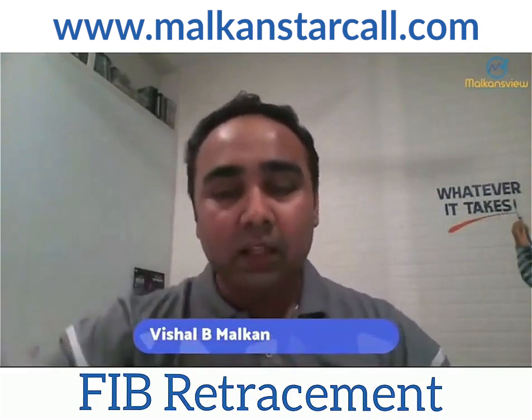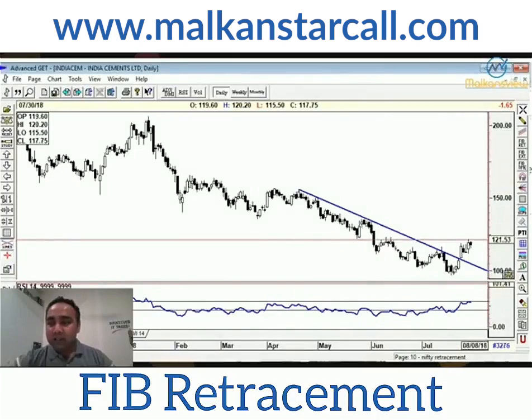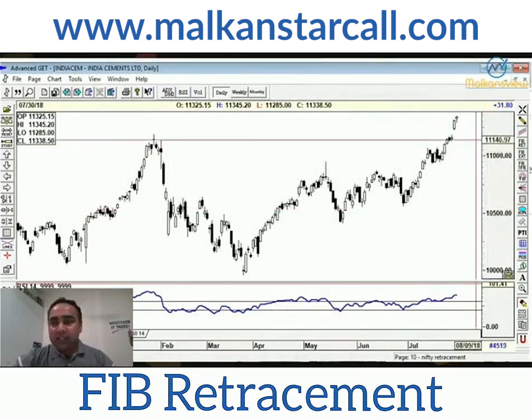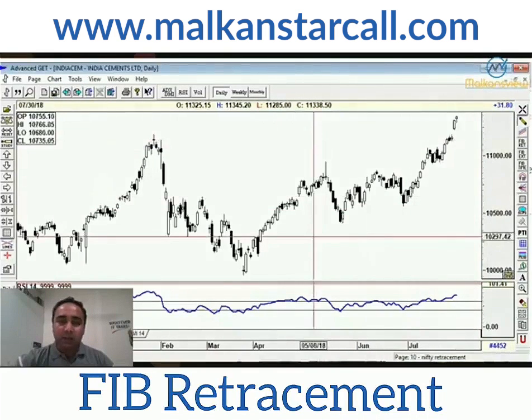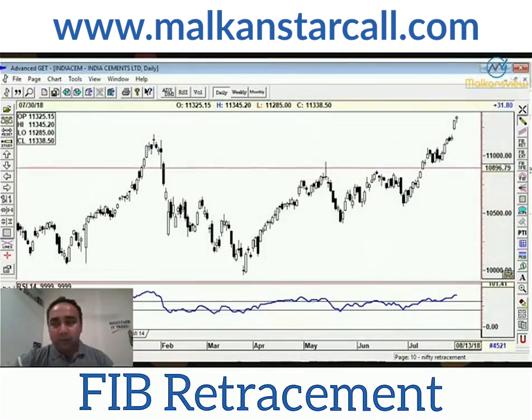And that works also in the market. How it works, once you have an uptrend, let me now show you the chart. Let's look at Nifty now. If you look at this, the market never goes in a straight line like this, right? It goes in ups and downs. What is that up and down called?